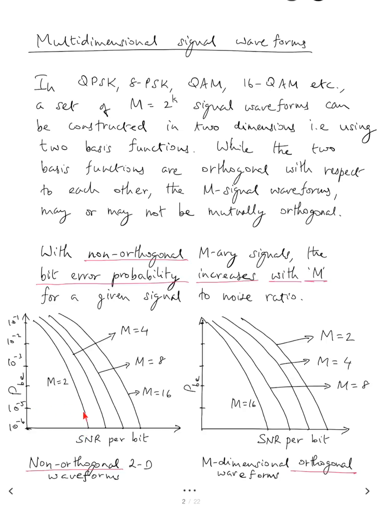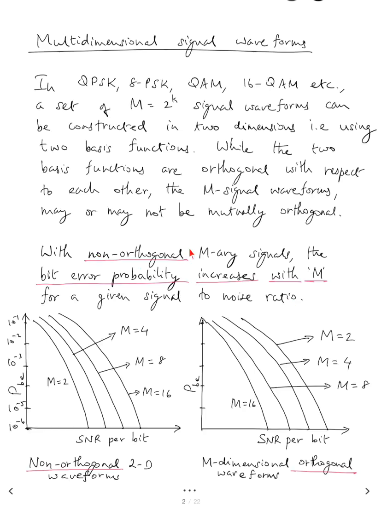At the same signal to noise ratio, if we move from m equal to 2 to m equal to 4, the probability of error is close to 10 power minus 3, which is much higher than 10 power minus 5. Again, for m equal to 8, it is further higher, and for m equal to 16, it is further higher, right? So the error probability for the bits increases with m for a given signal to noise ratio.